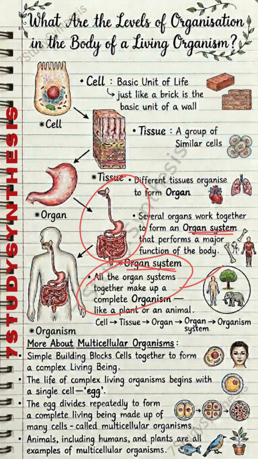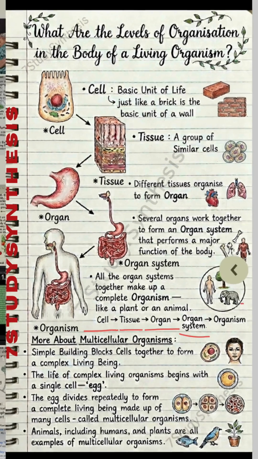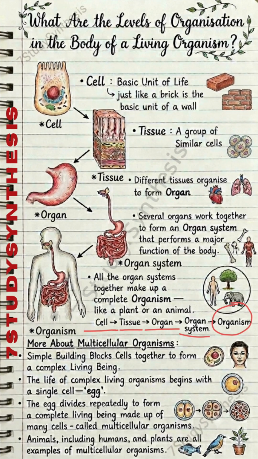Organisms can be human beings, plants, or animals. So what are the levels of organization? Cells form tissues. Tissues of the same kind form organs. Organs form organ systems, and organ systems form organisms, right?